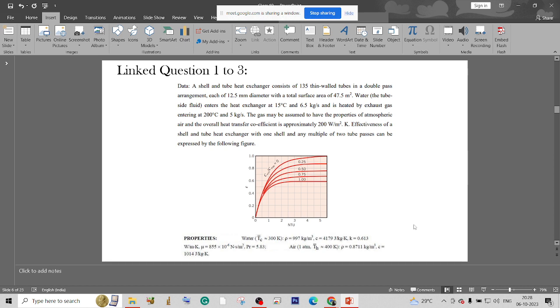So TCO is equal to TCI plus CH upon CC times THI minus THO. So this is 15 degrees Celsius plus 0.19 times 200 minus 55.7 degrees Celsius. So this is 41.9 degrees Celsius.